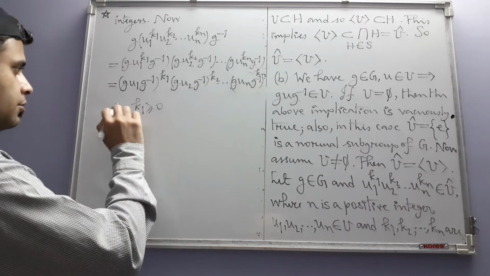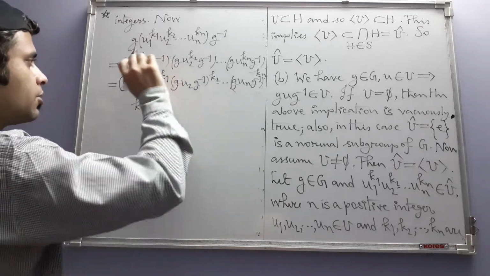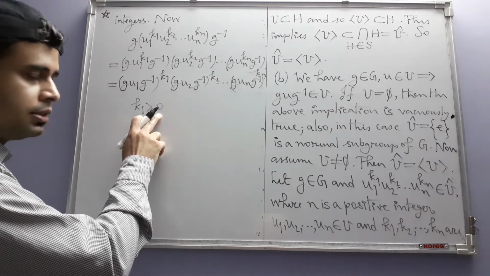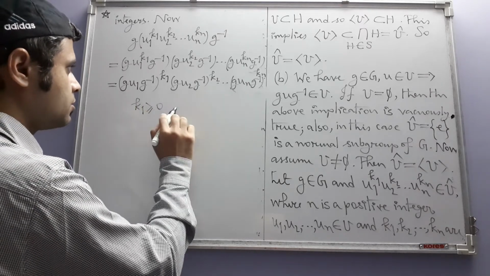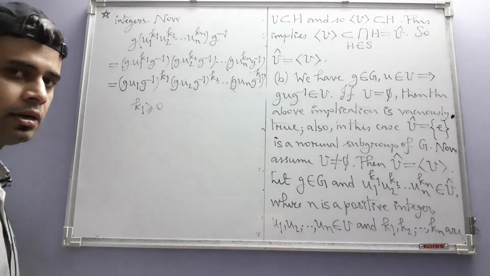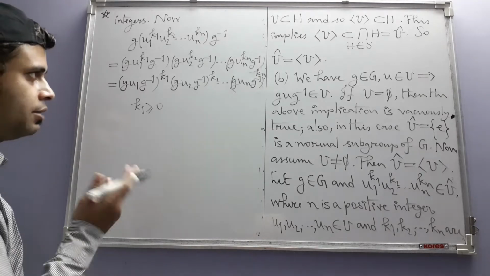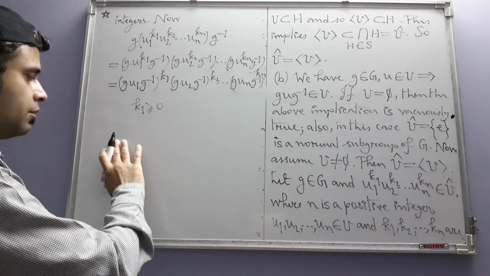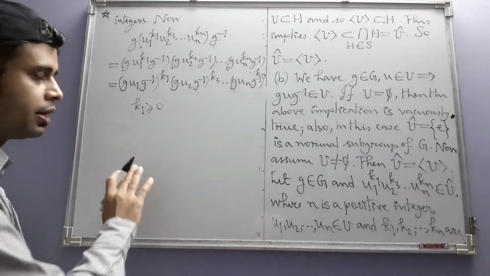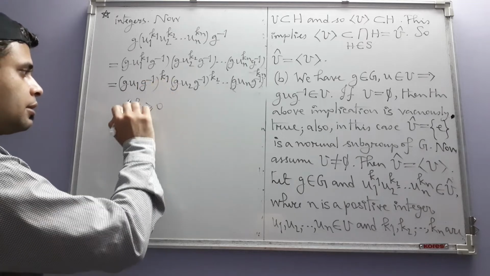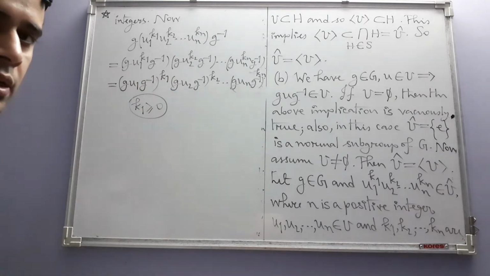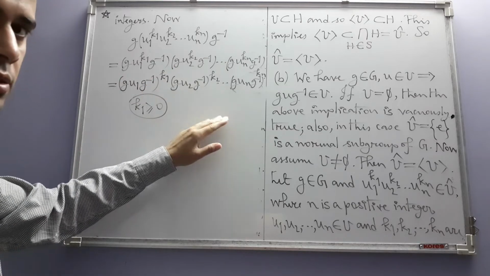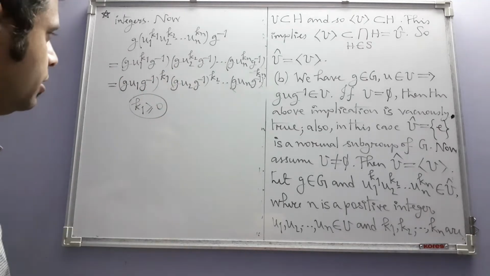And then using the fact that this is true when k1 is a non-negative integer, you prove the case where k1 is actually negative, which I believe you can do. It's not unduly difficult if you follow the steps properly. You first show the case k1 greater than or equal to 0 by induction on k1, then use that case to prove the case where k1 is a negative integer.